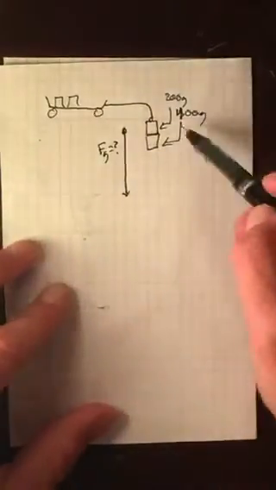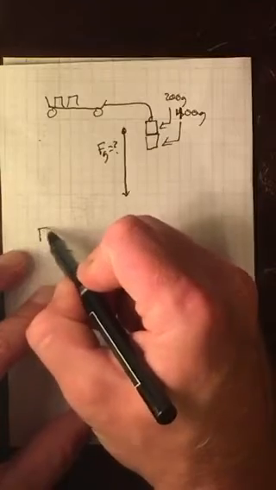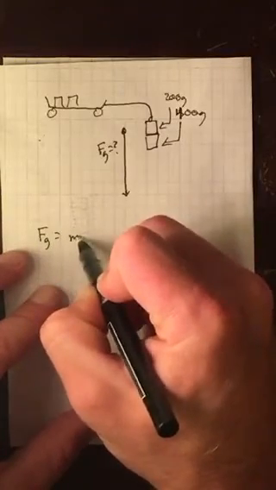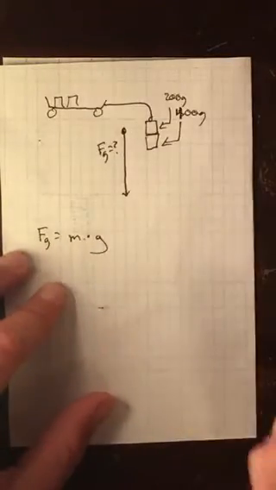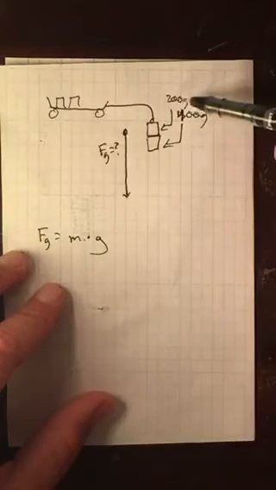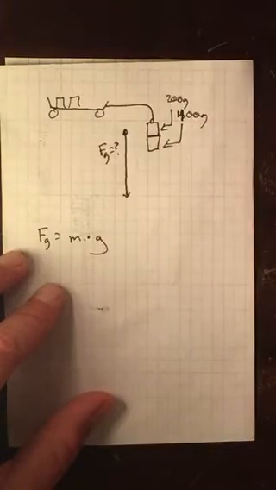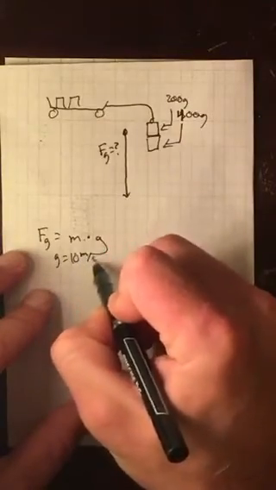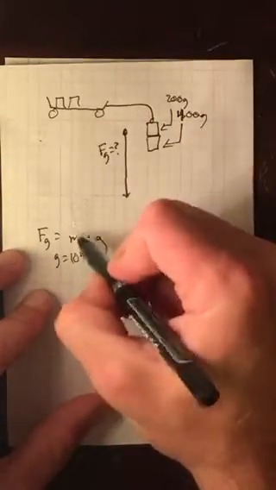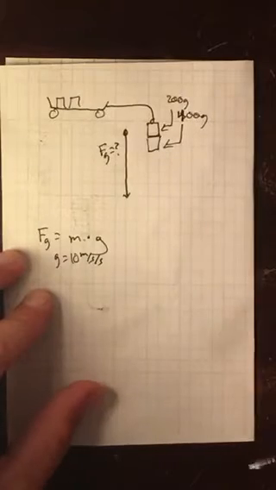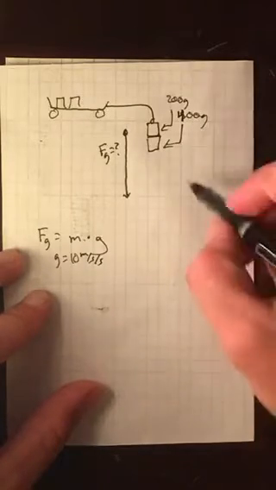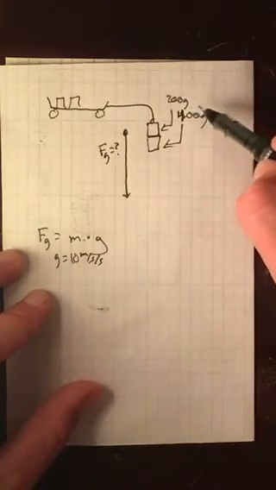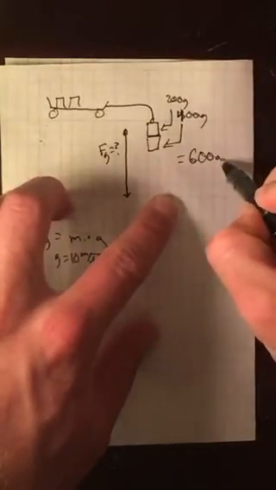And we're going to use that same formula, Fg equals m times g. And we look, oh man, 200 grams, 400 grams, what's our mass? I know that g equals 10 meters per second each second, but now I got these two masses. What do I do? Oh, all you gotta do is add them together. 200 grams plus 400 grams equals 600 grams.